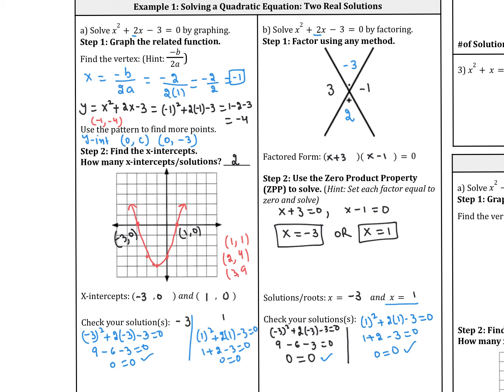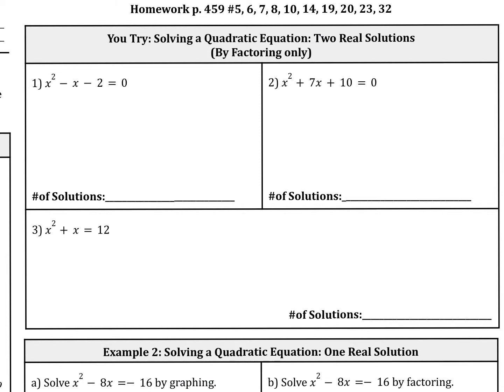So our two solutions are x equals -3 and x equals 1, which is the same as when we used the graphing method. So whether you use the graph or you use factoring, you're going to get the same x values as your solution. Next, we're going to do the Your Turn problem, solving a quadratic equation with two real solutions by factoring only.